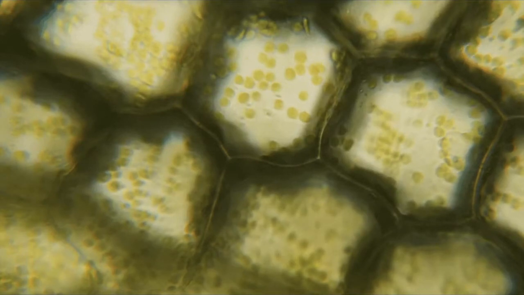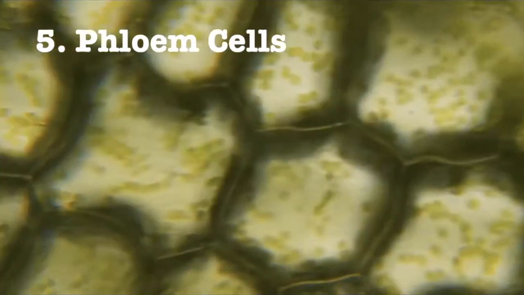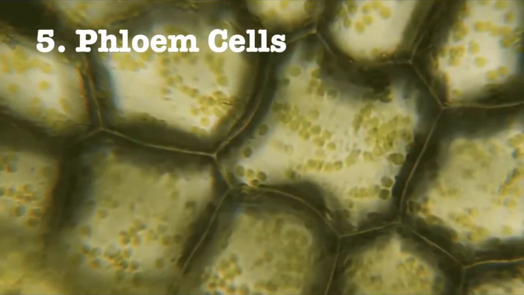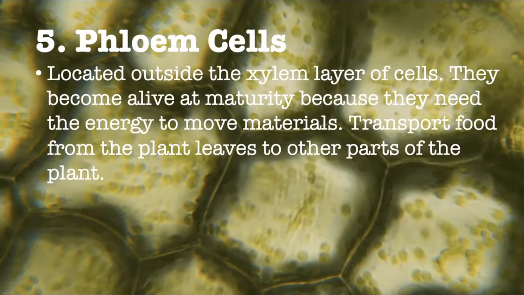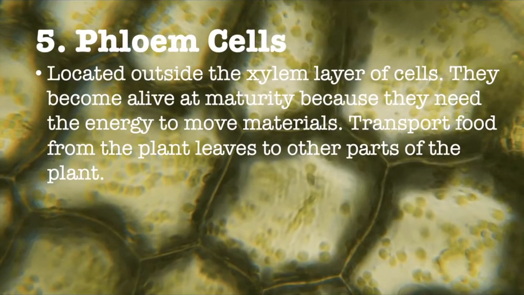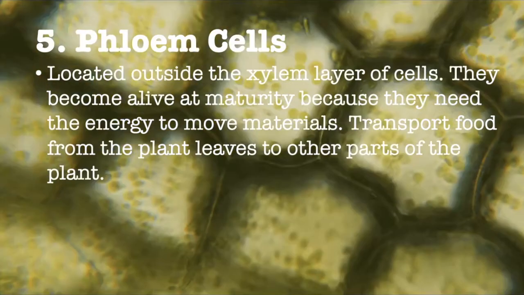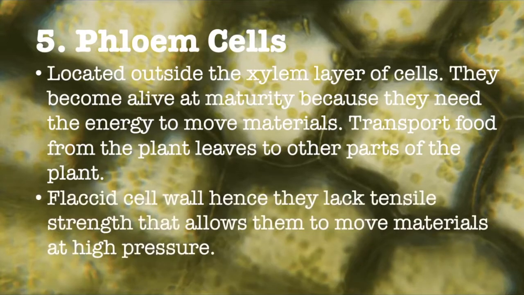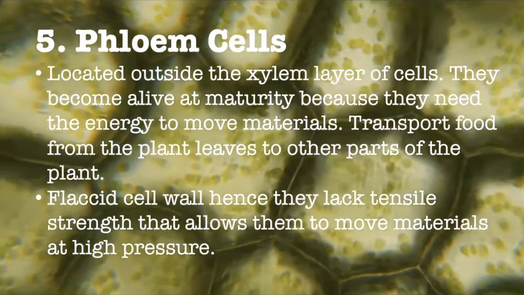The fifth, we have phloem. Phloem cells are located outside the xylem layer of the cells. They become alive at maturity because they need the energy to move materials. They function to transport food from the plant leaves to other parts of the plant.